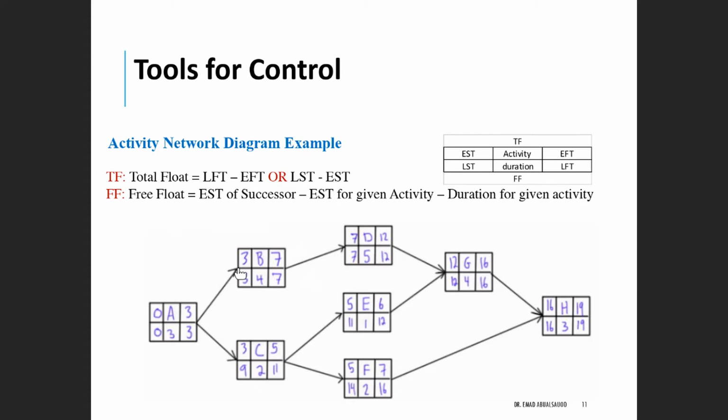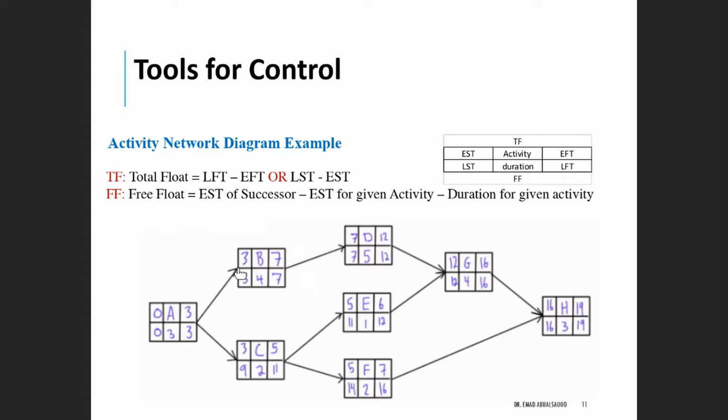The total float will help us not only to identify the critical path, but will also give you the room where you can have more time in some tasks, so it will not affect your end project.